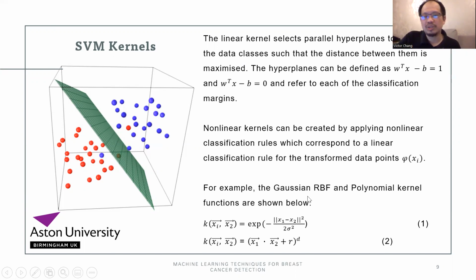For example, the Gaussian RBF and polynomial kernel functions are shown as follows. When the data is not linear, by following these formulas you can calculate the movement so the points can move to the next cluster. Although most of the data points are on their side, some of those data points would fall into another cluster.